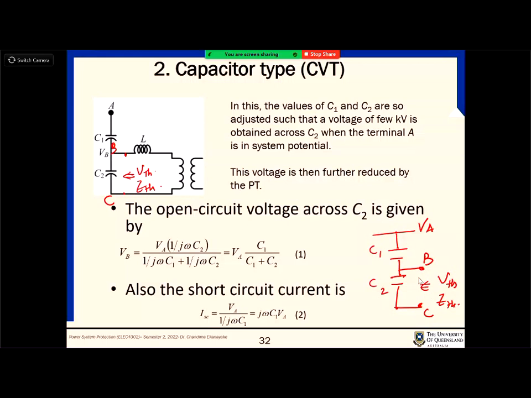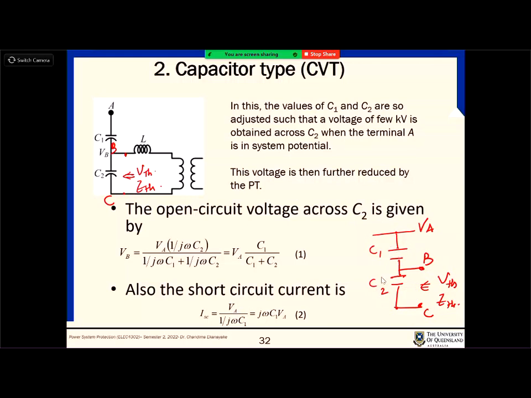To find ZTH, you can take two different approaches, but I took the one with finding the short circuit current between B and C. If I find the short circuit current here, it is VA divided by the impedance of C1, because the current will go through like this. There is no impact of C2. So the short circuit current between B and C is the voltage at A divided by 1 upon j omega C1.